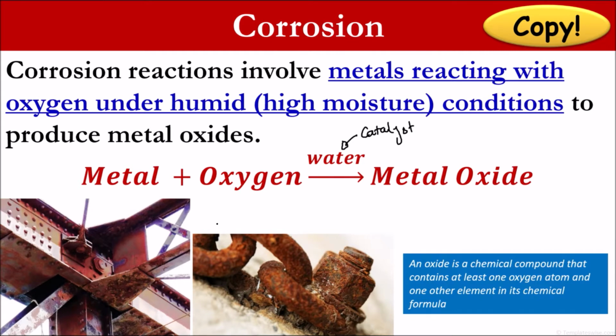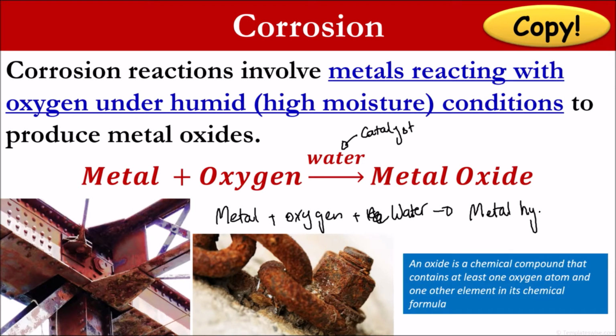Now sometimes you'll see textbooks also have this equation where we have metal plus oxygen plus potentially water. So water is part of the reaction and you get a metal hydroxide instead. Now in most questions they will tell you which one they're discussing, but those are the two types of corrosion reactions that can potentially occur.